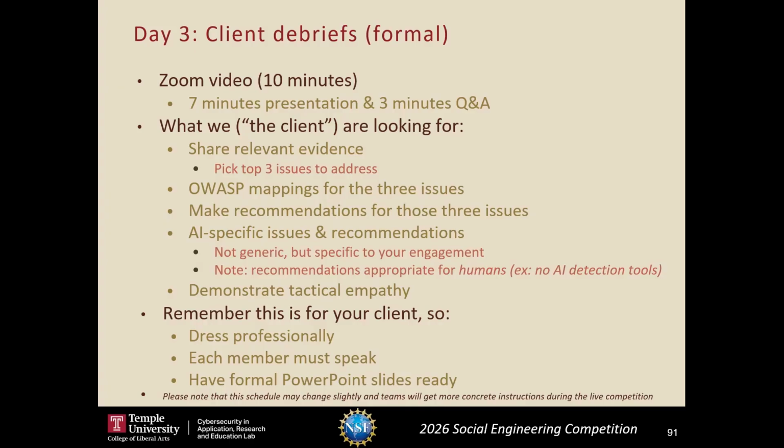And also for those same 3 issues, you're going to have to make recommendations. What should your client do to address these issues that you've raised? And remember, these have to be actionable, not generic. It has to be specific to the evidence that you have presented.